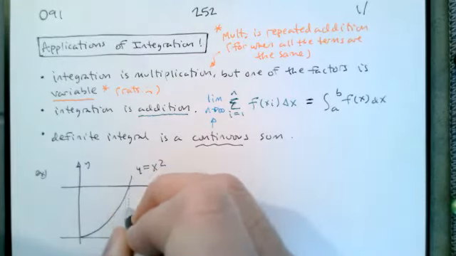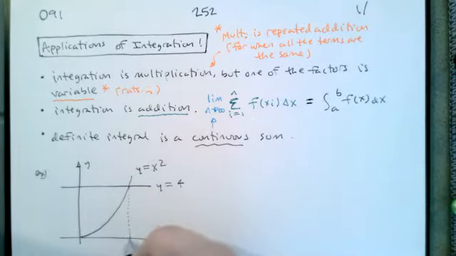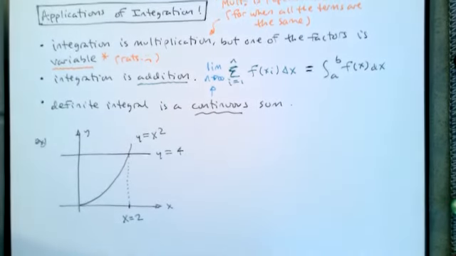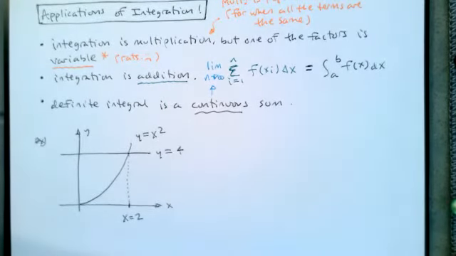So this happens at x equals 2. Let's suppose that the area we want to find is bounded by the y-axis, the graph of y equals x squared, and the line y equals 4.